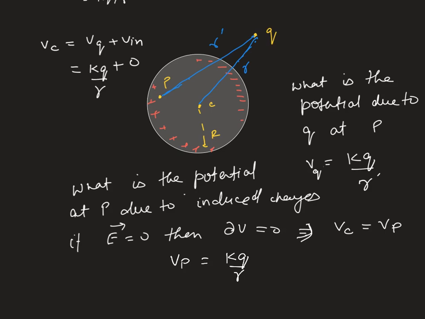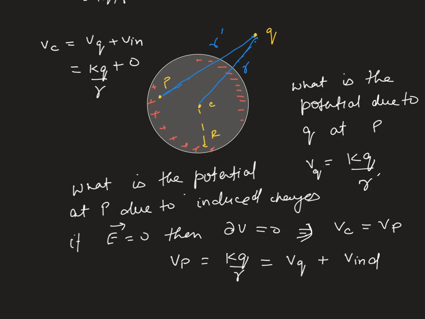Now you must understand here that potential at P will be formed due to two reasons. The first reason is obviously potential due to charge Q, and the second reason will obviously be potential due to induced charge. Now we don't know what potential due to induced charge is because the arrangement of induced charges is very complex, and in order to find the individual distances and then integrate them becomes hell of a job. We are not doing that. But we know something else.